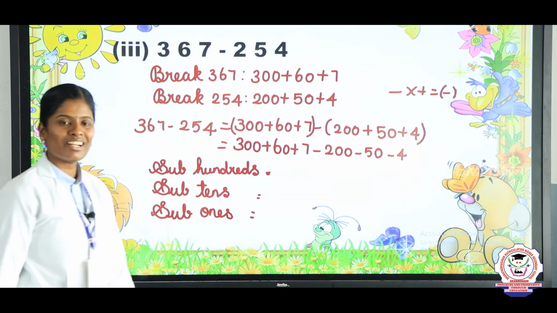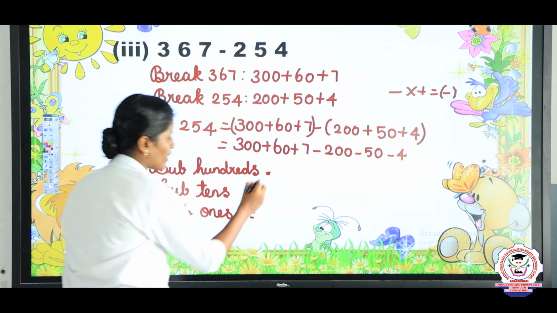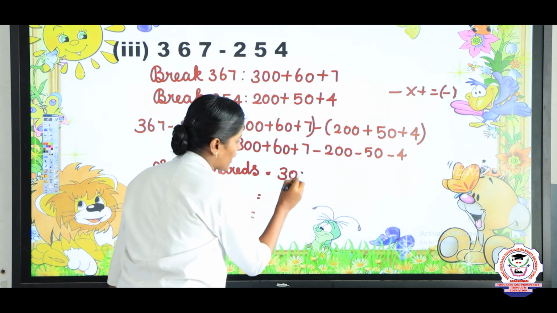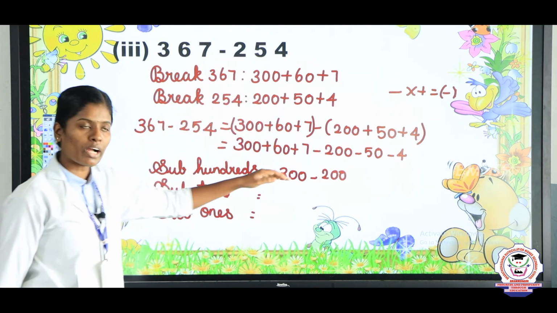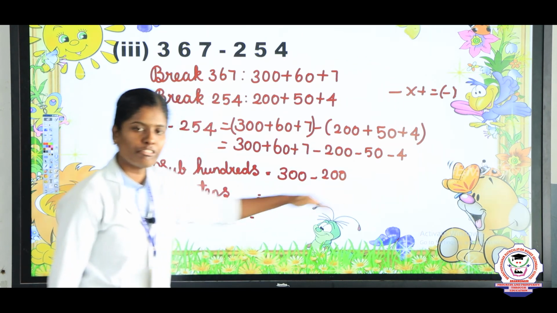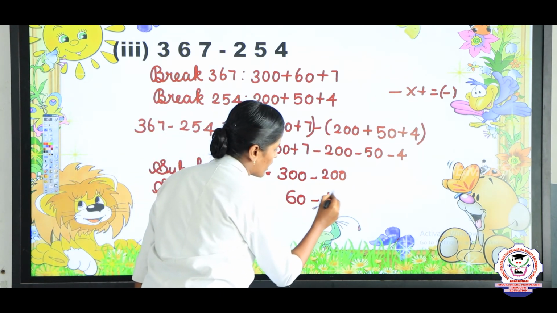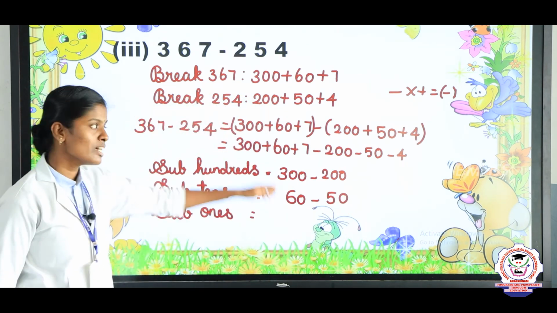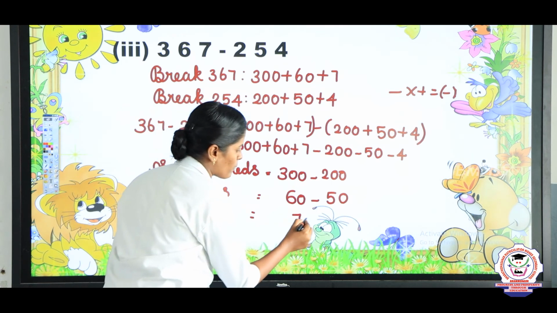Here the 100 values are 300 minus 200. So write 300 minus 200. And the 10's values are 60 and 50. So write 60 minus 50. And the 1's values are 7 and 4. So write 7 minus 4.